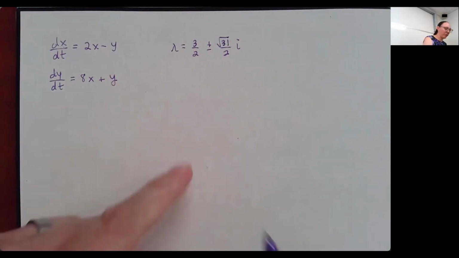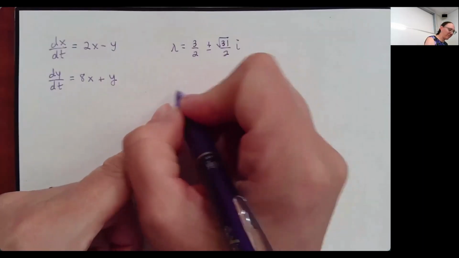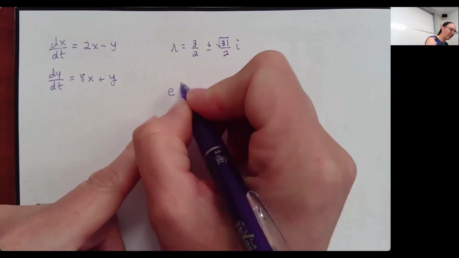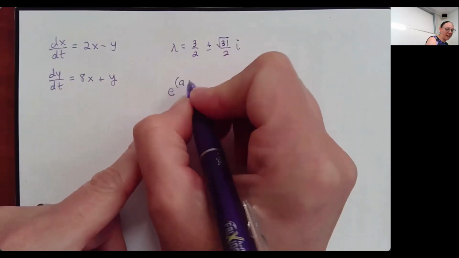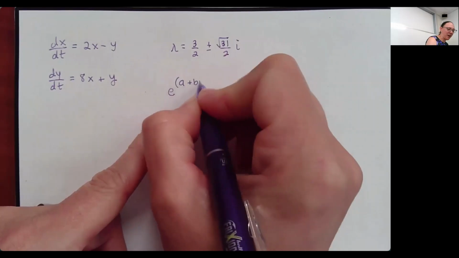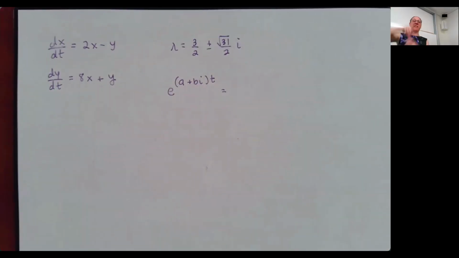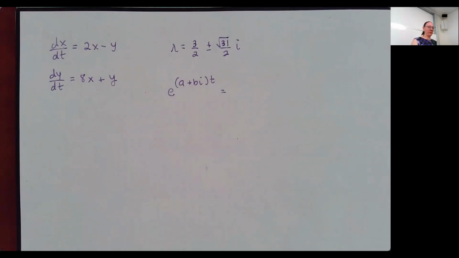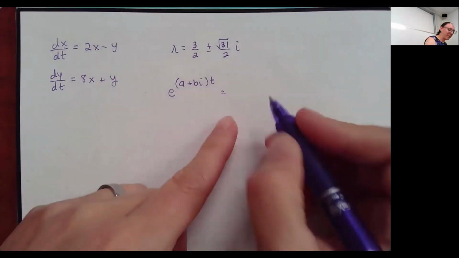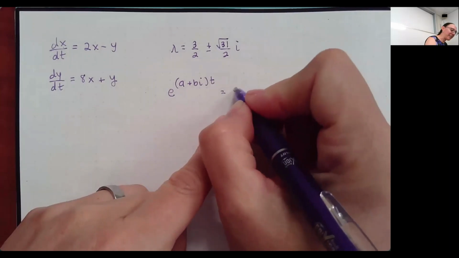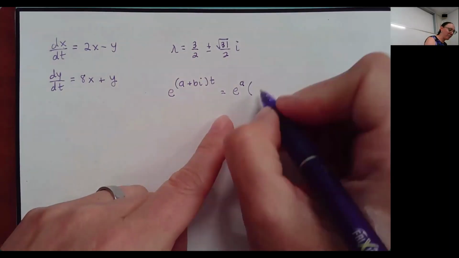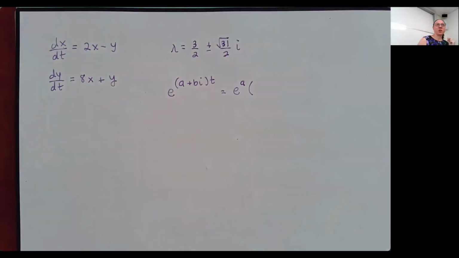What Euler's formula says is that if I have e to the a plus b i t, because that's what was going to happen if I stuck that eigenvalue into our formula, this can be rewritten as e to the a times a combination of sines and cosines.